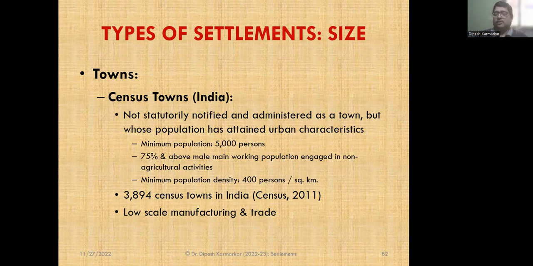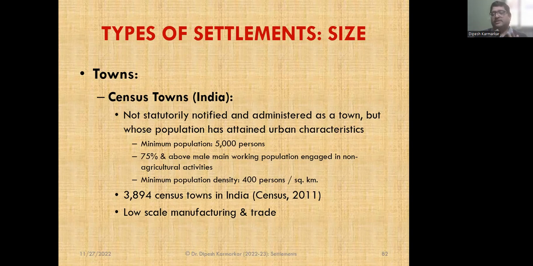We have seen this particular part when we were talking about the concept of urban settlements in our earlier videos. So these are the same conditions or criteria taken from the census notification of 2021.